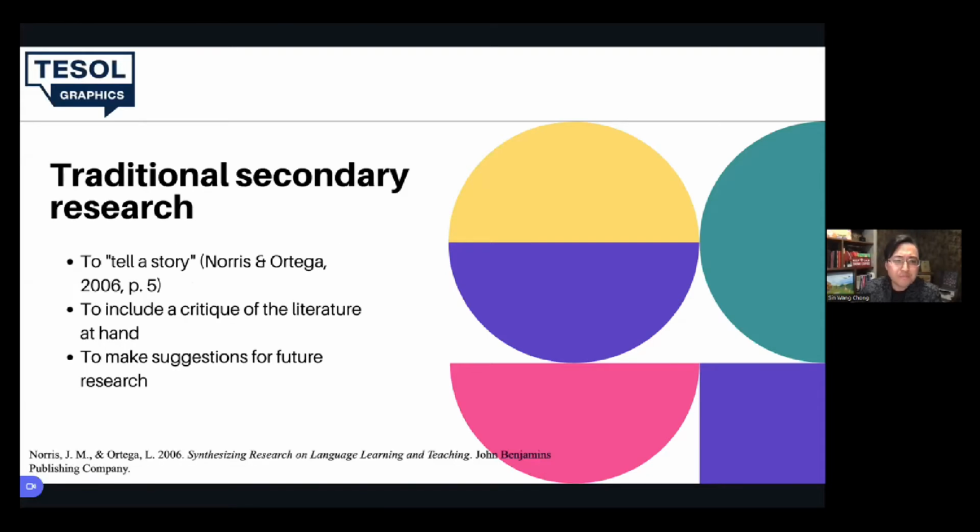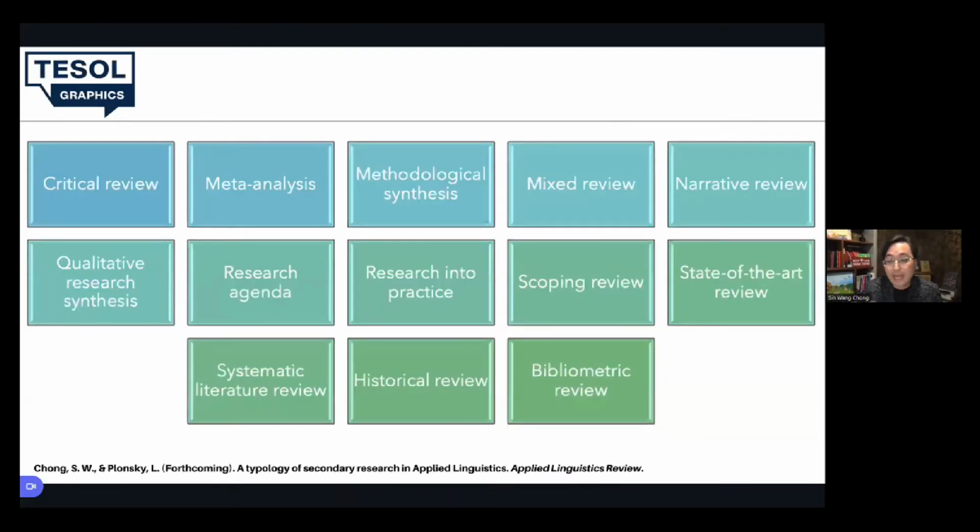I'm not going to go into detail on each type because that's not the focus, but I just want to show you that there are different types of secondary research.